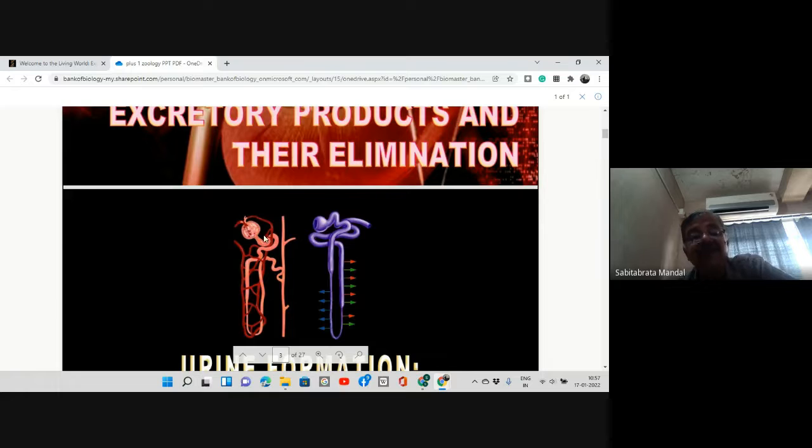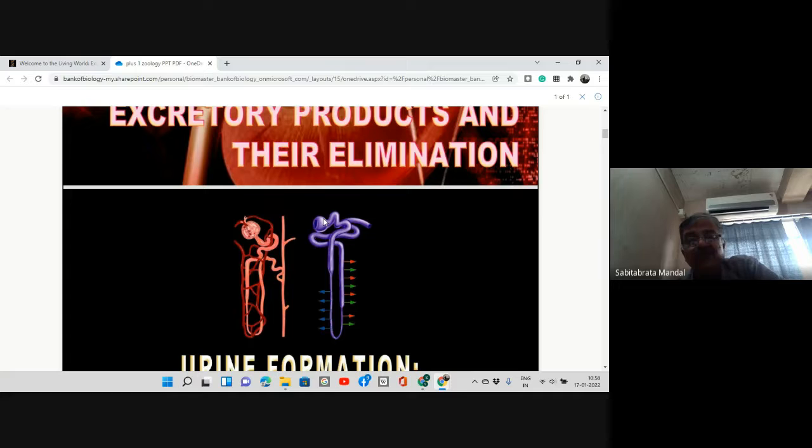Then the renal tubule starts. The first part is the proximal convoluted tubule. Then you will find the Henle's loop, this complete loop, and then the distal convoluted tubule.